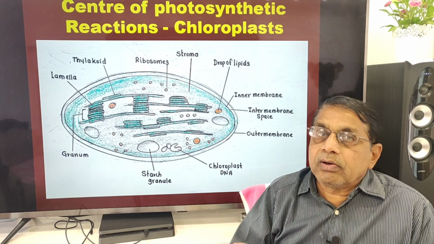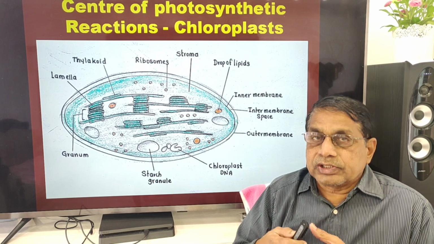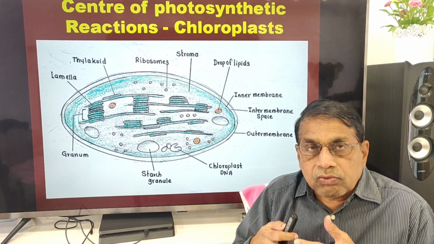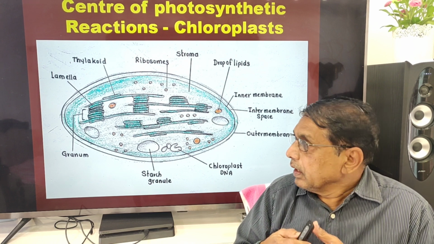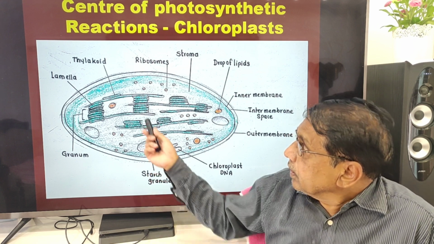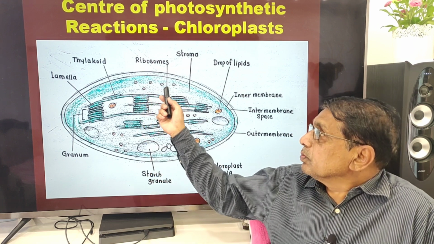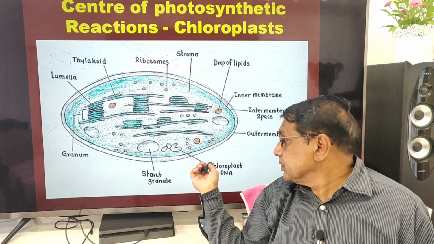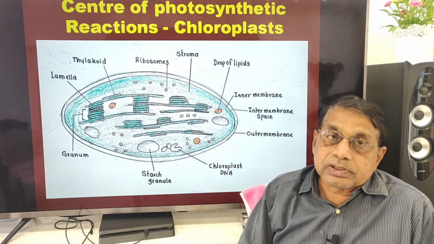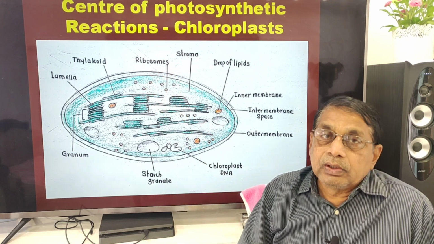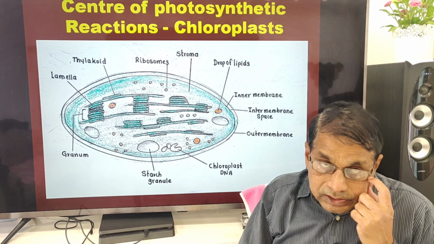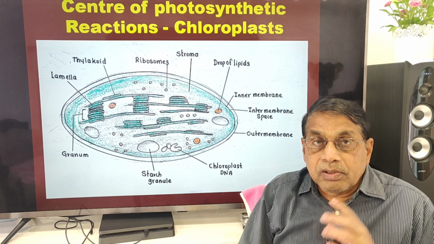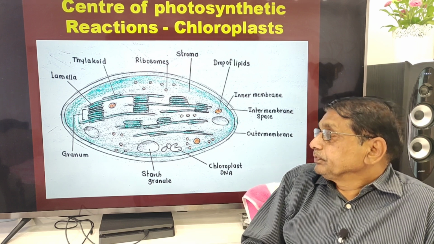Therefore, these are autonomous cell structures. They can divide autonomously without much involvement of the nucleus. Ribosomes are also present. Therefore, the chloroplasts can synthesize some of their own proteins, not all, but some.